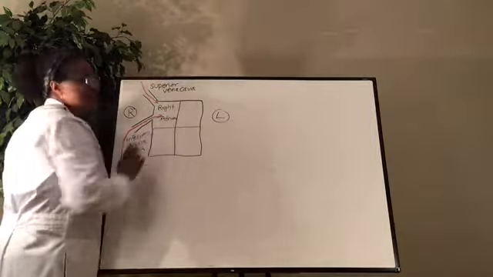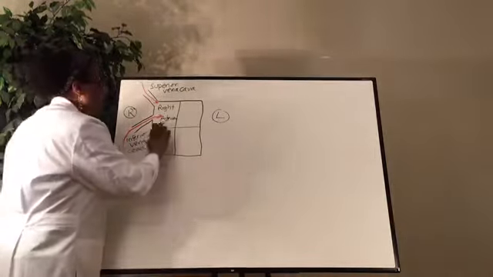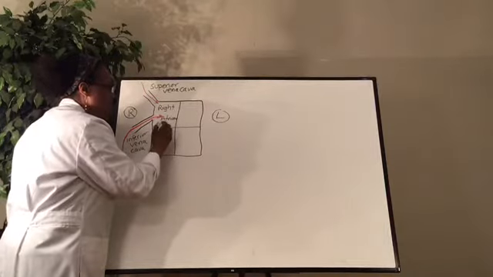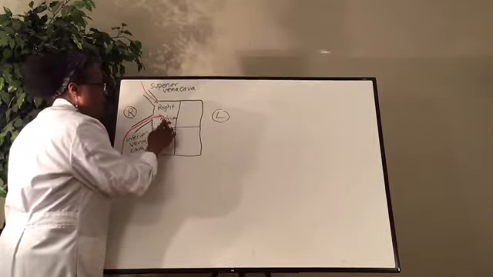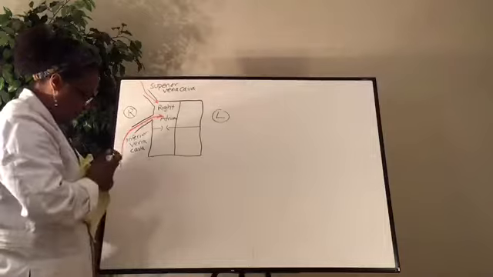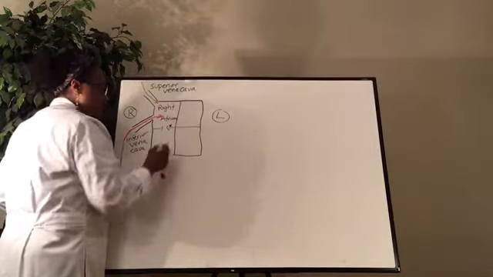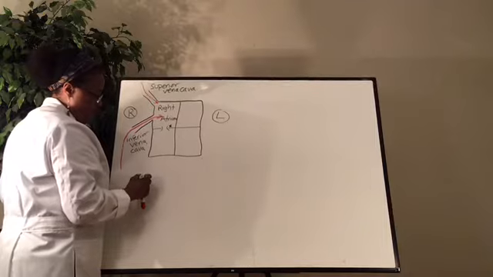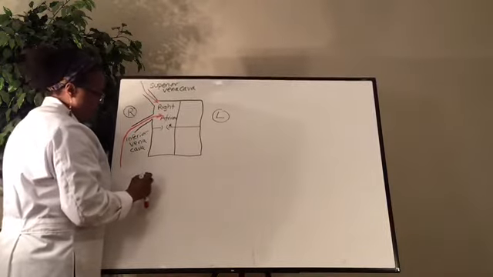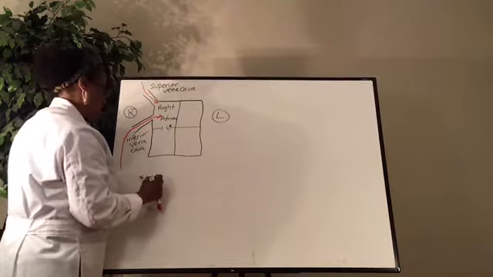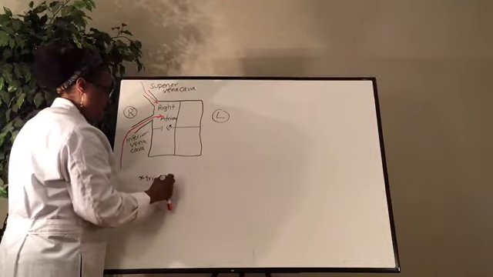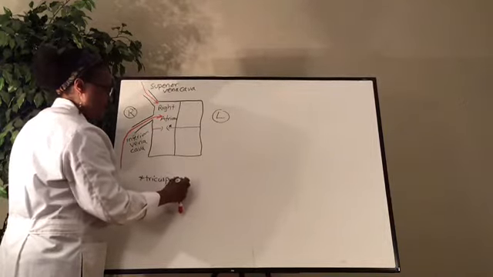Now, we can't have blood just hanging out in the right atrium, so you have to have a valve between the right atrium and the ventricle. Well, I'm going to put an asterisk here because it's too big a word for me to write, and that word will be right here. This is going to be the tricuspid valve, right?